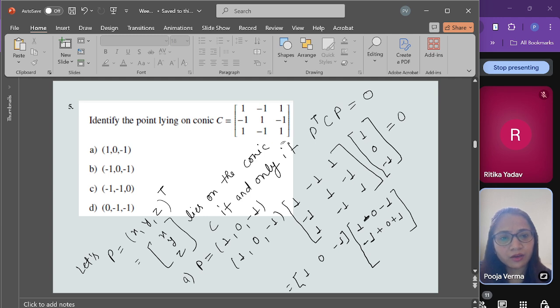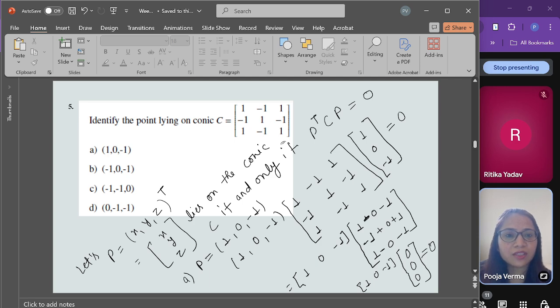Now the next one is 1 into 1, 1, minus 0, 1 into 0, and then 1 minus 1 will be minus 1. So here you will get 1, 0, minus 1, and this matrix will be 0 only, because 1 minus 1 will be cancelled out, 1 minus 1 is cancelled out. So 0, 0, 0.